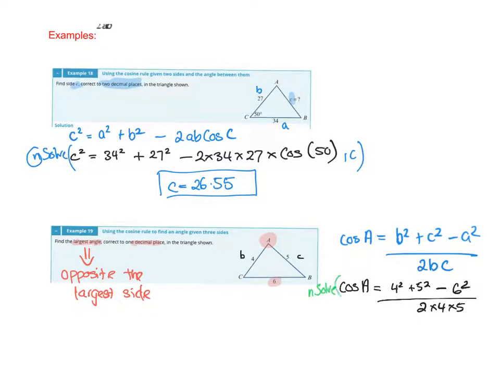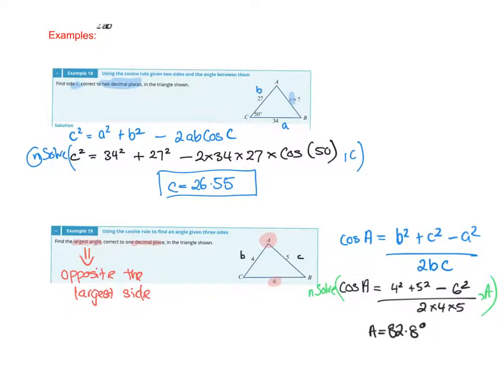You want to put nsolve because you're finding an angle, comma A, because we called it big A, and you should get the answer. For this one, I got that angle A was, to 1 decimal place, 82.8 degrees. Okay, so that's pretty good.